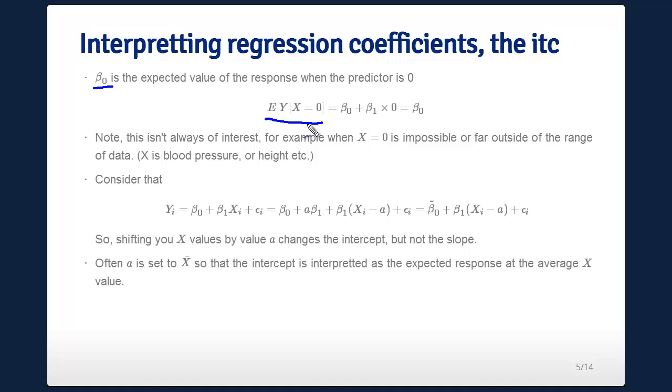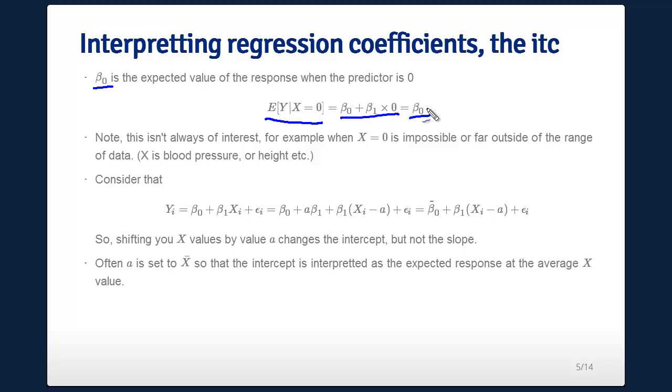I would write that like this: the expected y given x equals 0. Our expected y given any value of x is beta naught plus beta 1 x, so if we plug in x equals 0, we get beta naught. So the interpretation of beta naught is the expected response when the regressor is 0.